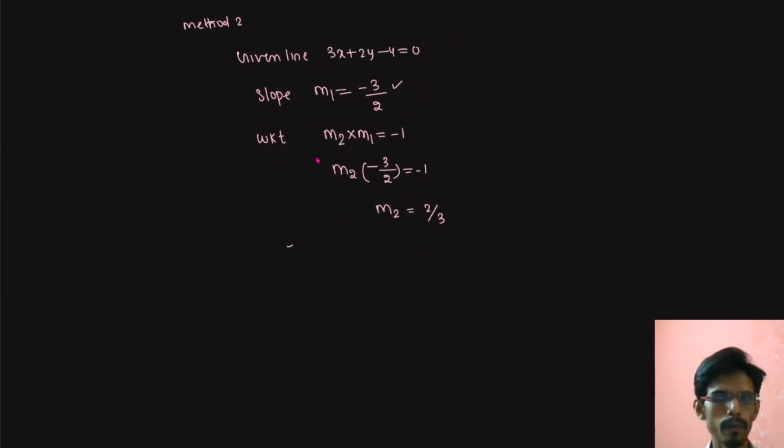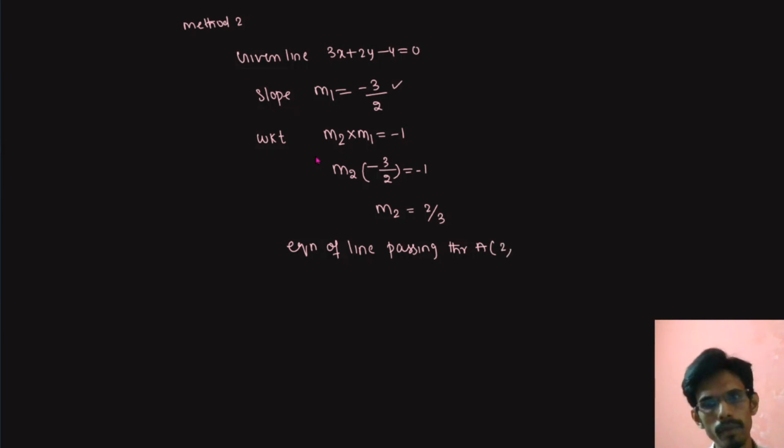Now the equation of the line passing through A (2, -5) and having slope m2 = 2/3. Using the point slope form, y - y1 = m(x - x1).